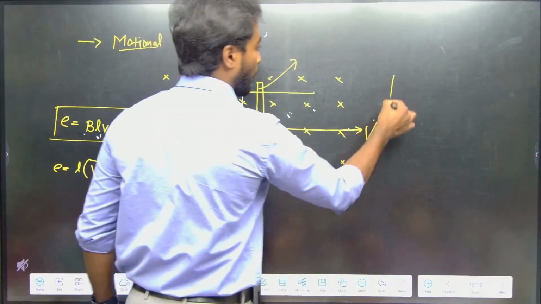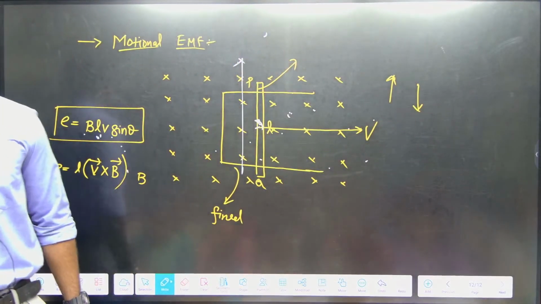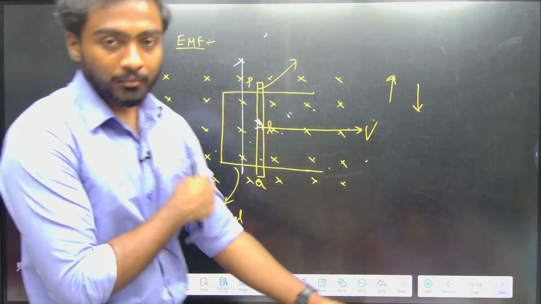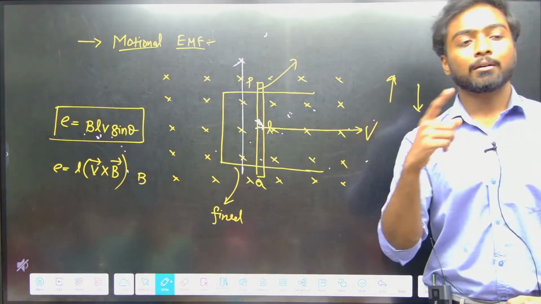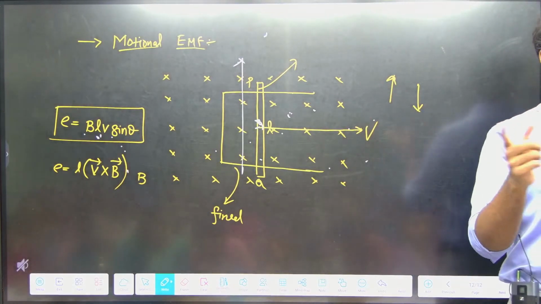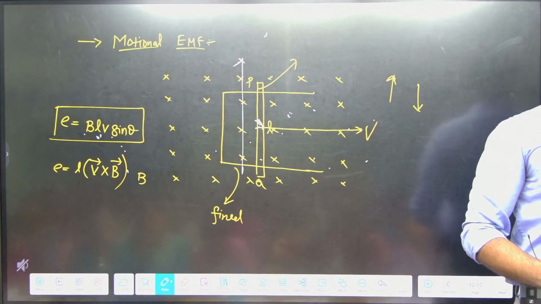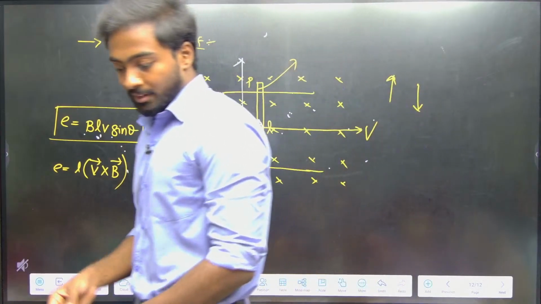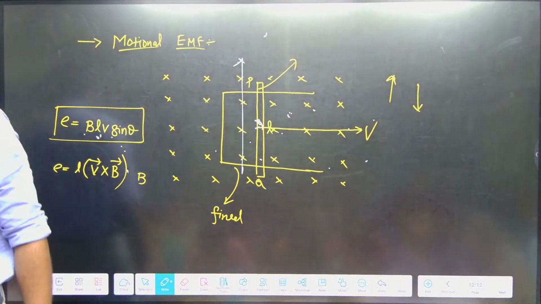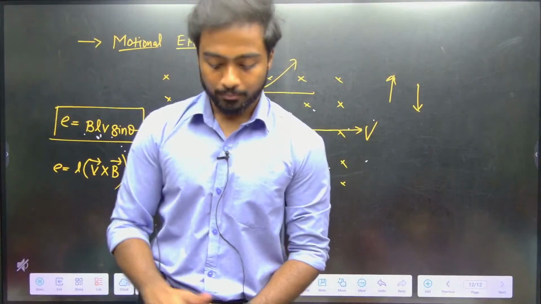So this is my flow of current, and this is my flow of electrons. That is the first point we talked about in current electricity: electrons always flow in the opposite direction of the current.